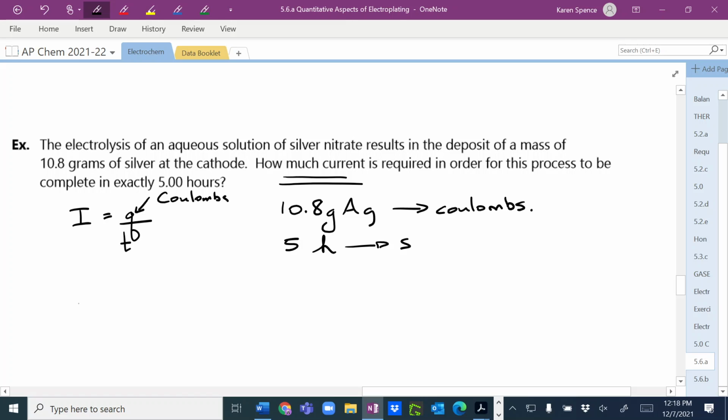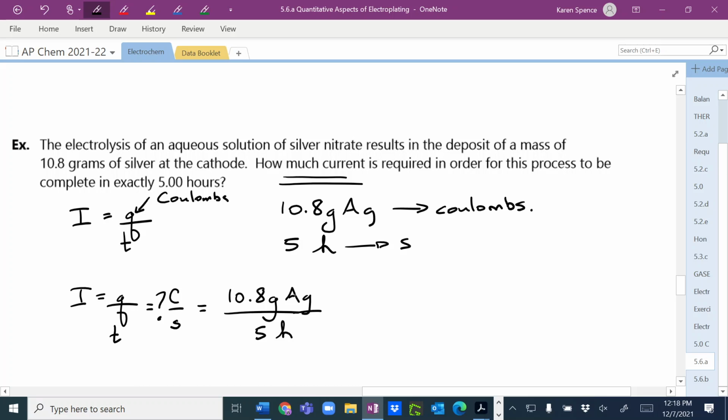Shorter way? Okay. I equals Q over T, which is equal to coulombs per second, and we don't know how many. Yes? And we're going to start with 10.8 grams of silver over 5 hours.